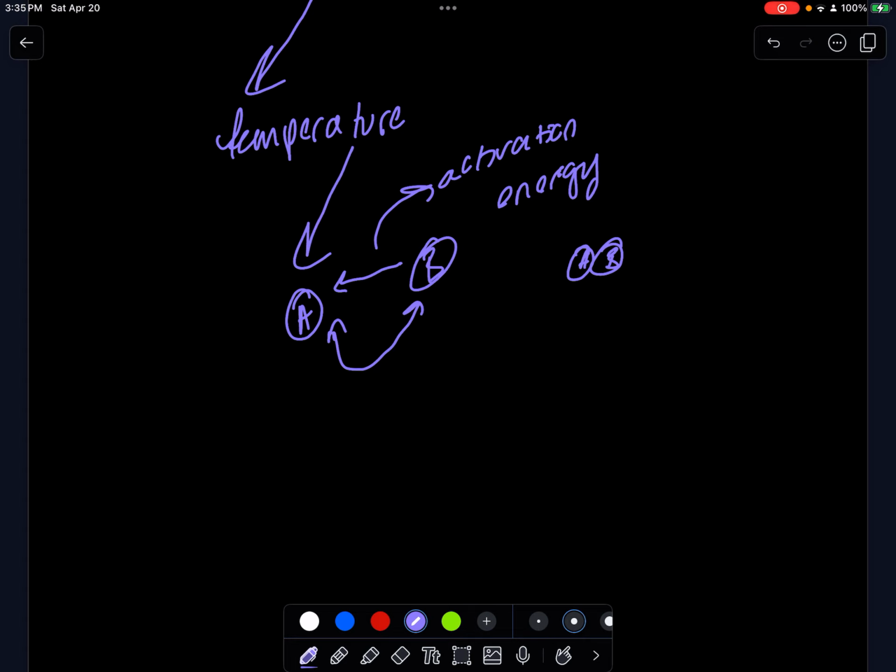So let's see what happens when you increase the temperature. When you increase the temperature, you increase what we call kinetic energy.